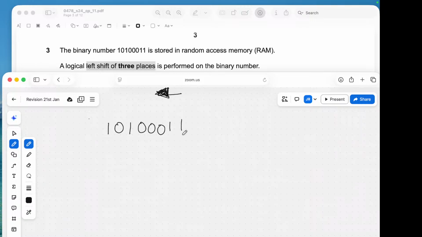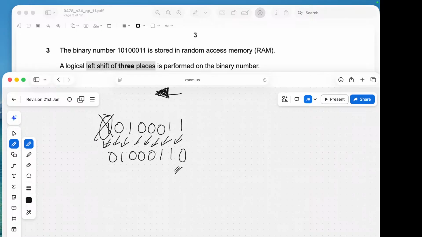If we do 1 shift, these ones get shifted 1 place, we lose this 1, and we add a 0 on this side. That's 1 shift. We do it again, shifting another 1 place to the left, and we lose that 0.